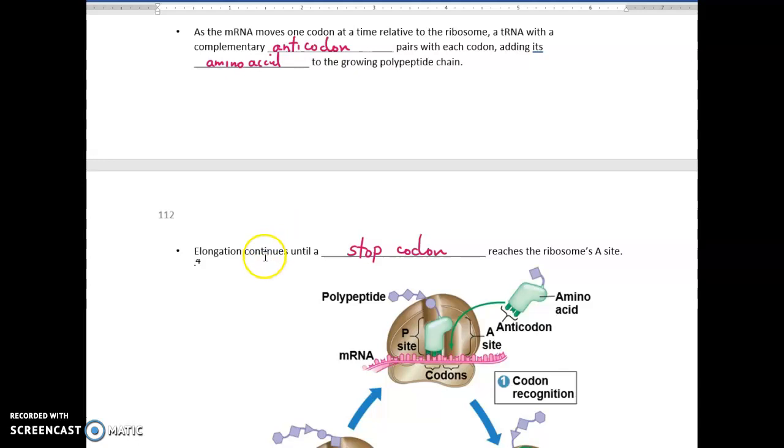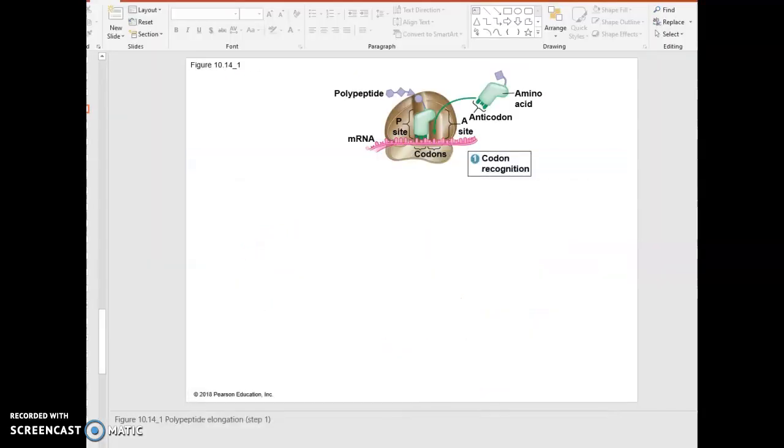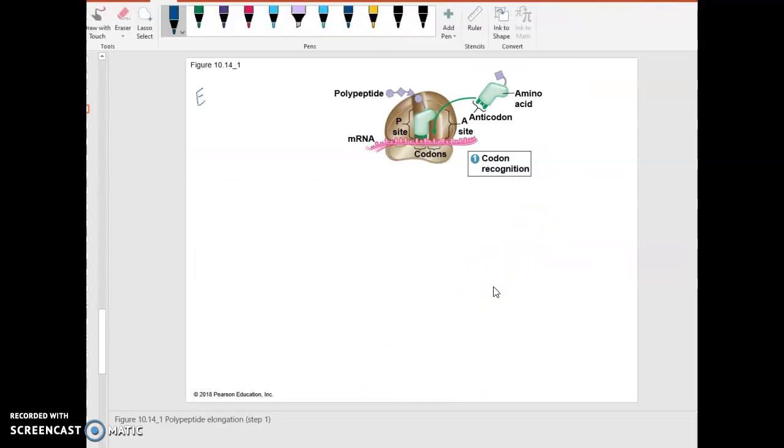And now we're going to go to the PowerPoint. Okay, this is elongation. We start with initiation completed. So we've got our mRNA bound between the two ribosomal subunits.